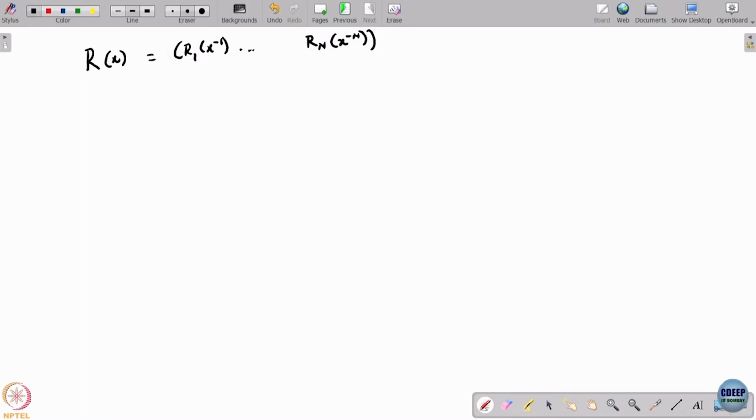You have R1 as one function, R2 as another function, etc. You just stack them up, and what you get now is R, which is a function from S to S, where S is simply the product of the strategy spaces.